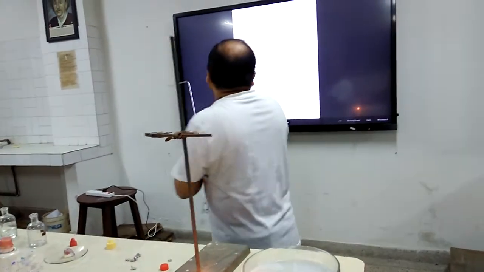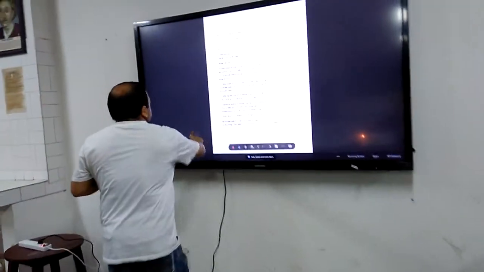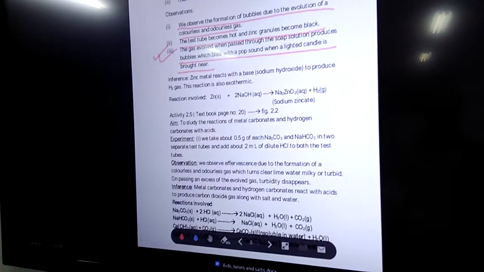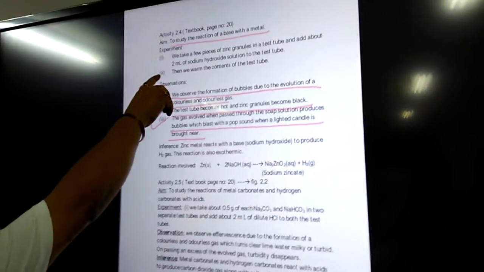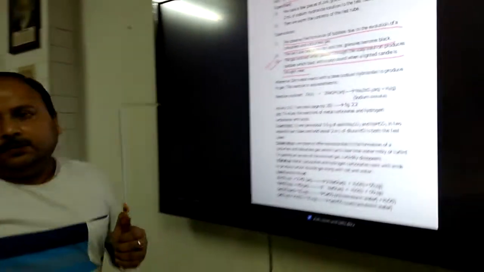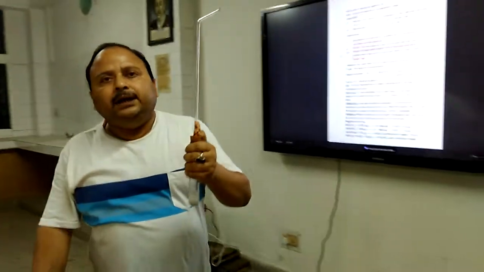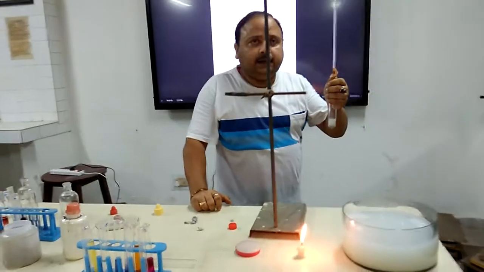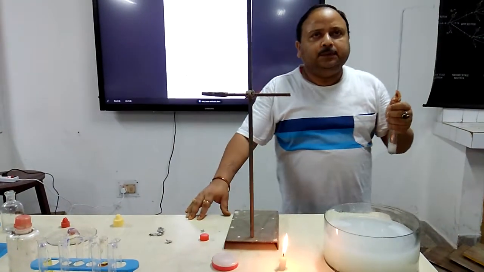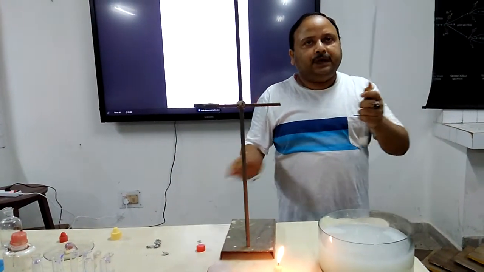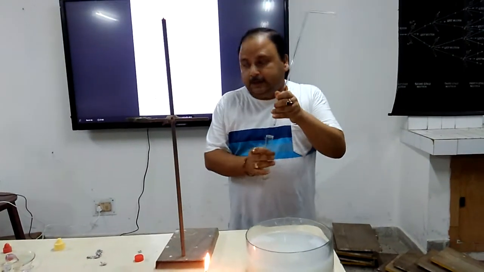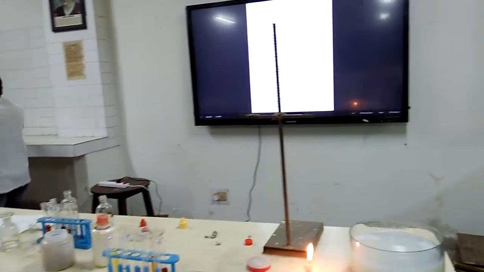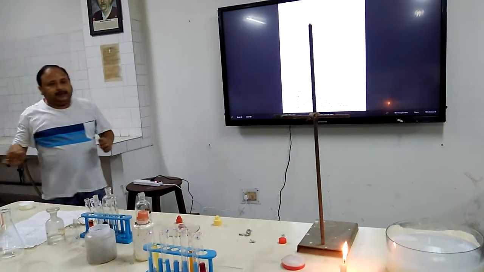Our next activity is to observe what happens when a metal reacts with a base. This is our activity to study the reaction of a base with a metal. Now, the observations which you have made by taking an acid and a metal, the same observation you will observe if, instead of an acid, you take a base and try this again.